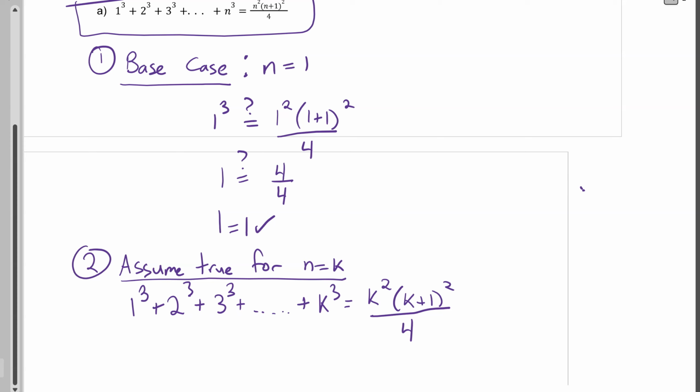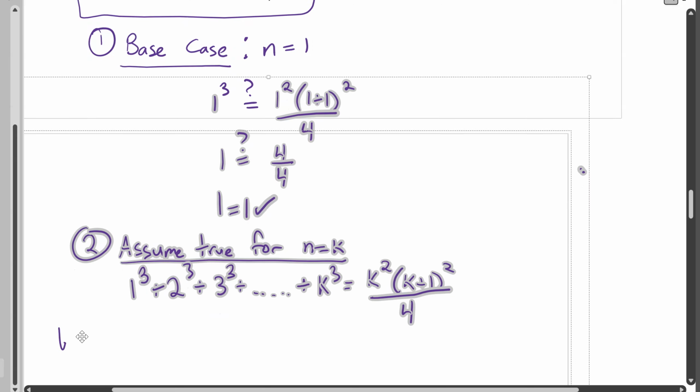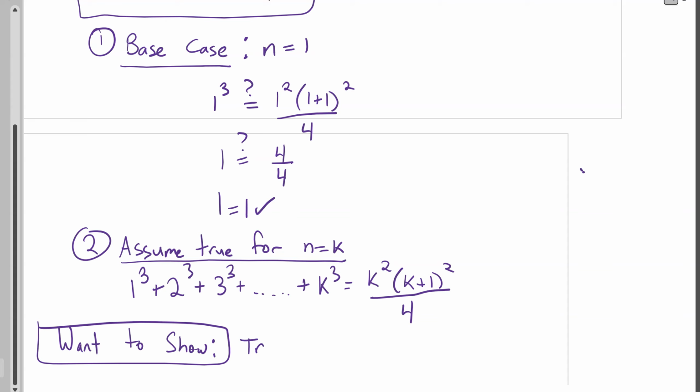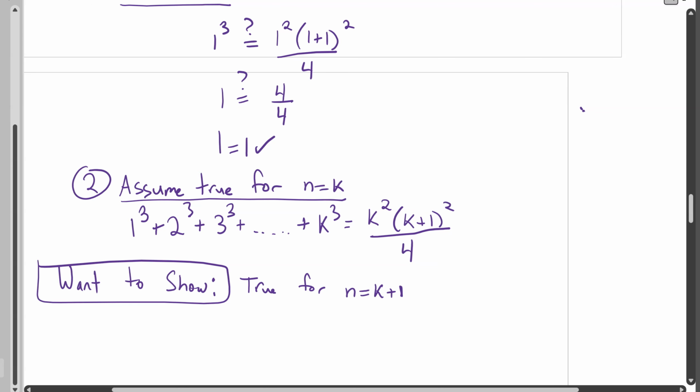And that's what I'm going to assume to be true, and I'm going to use that to prove that the next case is true. So what I want to show is that the statement is true for the next case, n equals k plus 1, that if it is true for k, then the next one would also be true. So I want to write what I'm trying to get to be true.